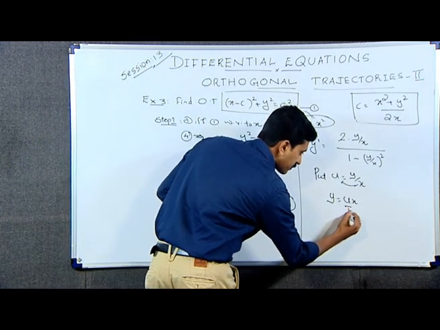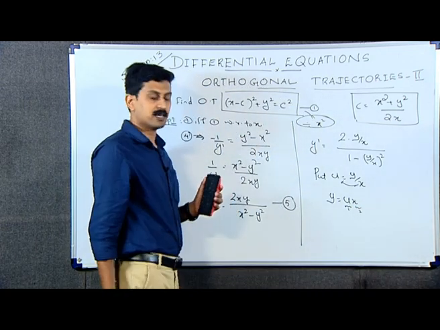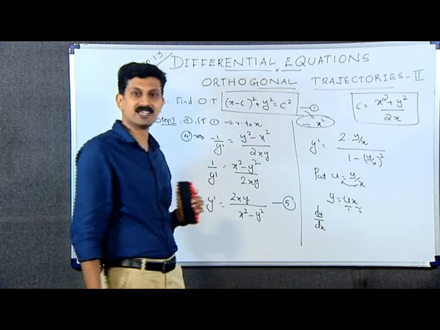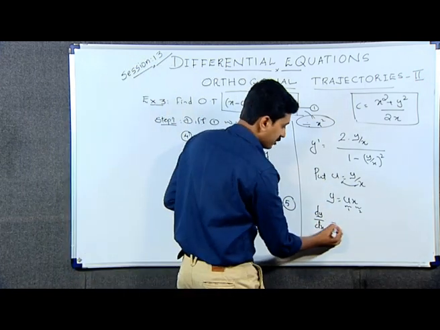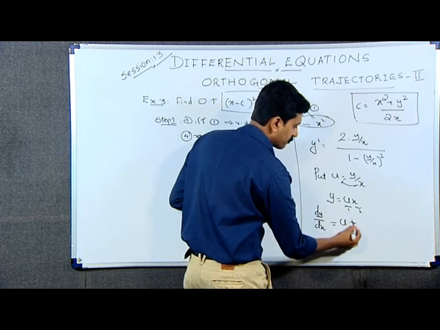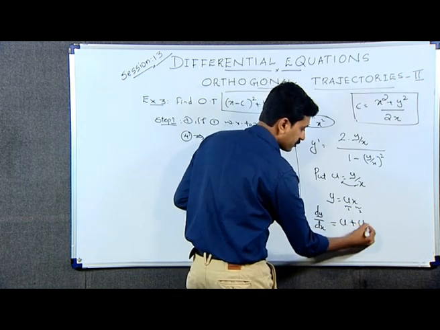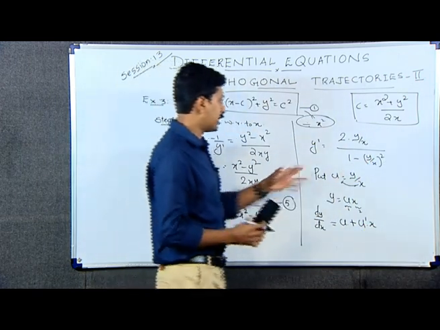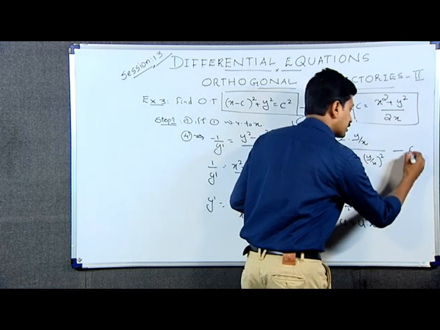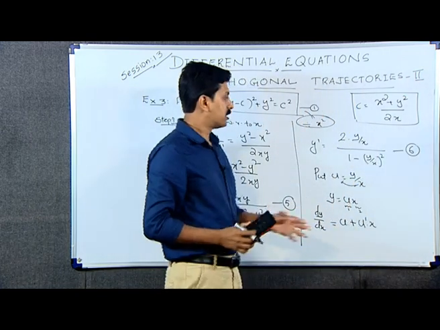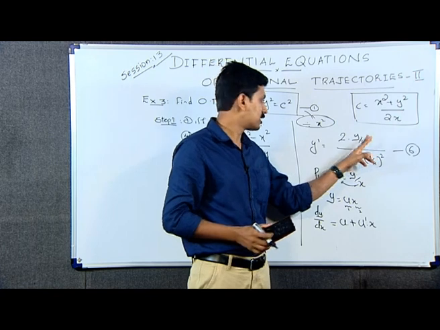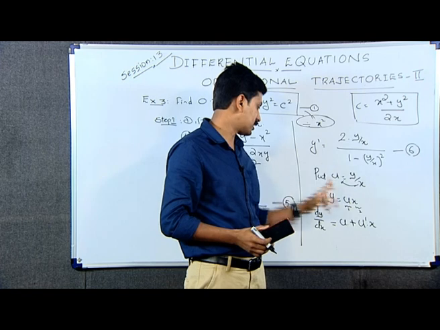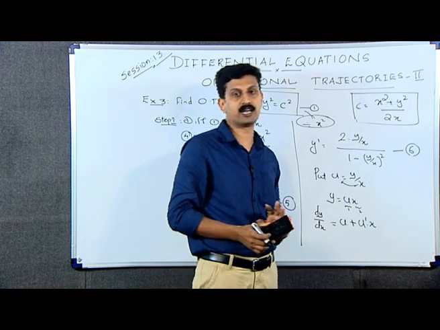Taking this as the first function and this as the second function, and differentiating both sides with respect to x, dy by dx is u into the derivative of x, which is 1, plus x into the derivative of u, that is u dash into x. I am taking this as equation number 6. In equation number 6, we can replace y by x as u and y dash, that is dy by dx, as u plus u dash x.